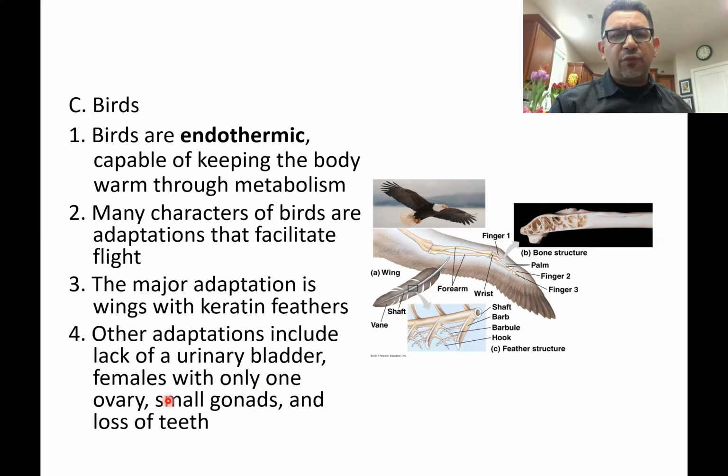Females can have just one ovary. The ovaries are not going to be coming in pairs like we see with most other bilaterally symmetrical animals. They have small gonads, small reproductive organs, and the beaks have no teeth. That is another characteristic of avian reptiles.